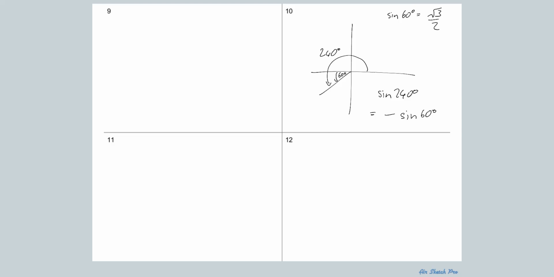So this is fundamental CAST diagram stuff, where the sine of the big angle is given by the sine of the acute angle, the angle between the x-axis and the line, but then you just have to put a positive or negative in front of it, depending on what quadrant it falls in. So the sine of 240 degrees is equal to the sine of 60 degrees, but negative because it's in this third quadrant, where only tan is positive.